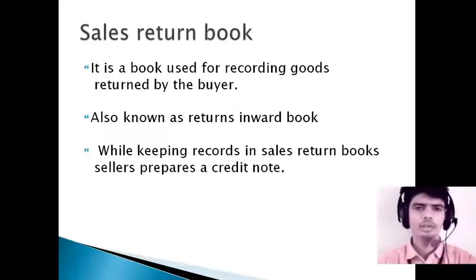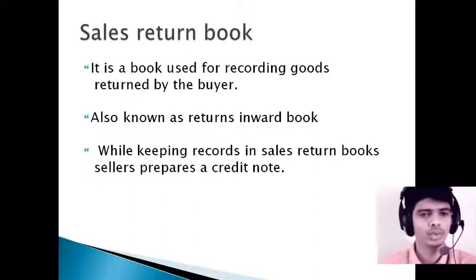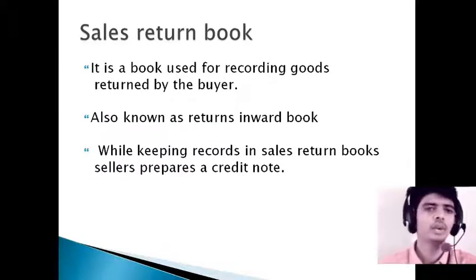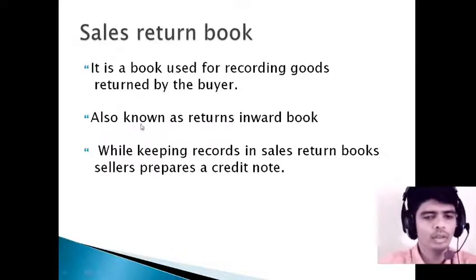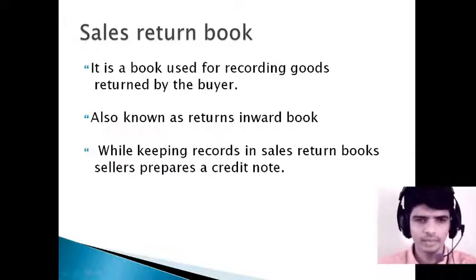Out of the 20,000 quantity, he is returning 100 to us because they are defective, or not of proper quality. The 100 that we get back is called sales return, and that sales return we are going to record in the sales return book, which is a subsidiary book. So try to understand, it is a book used for recording goods returned by the buyer.